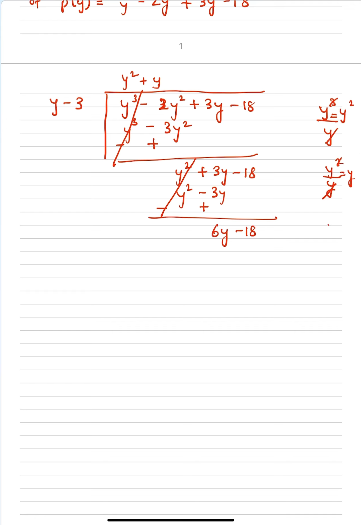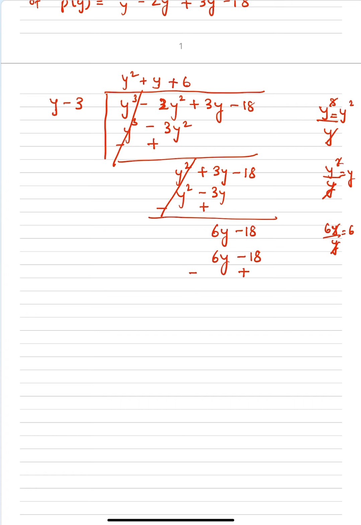Again the same thing, 6y divided by y, you are getting 6. So the last term of the quotient will be plus 6. Multiply plus 6 with y minus 3. So 6 into y is 6y. 6 into 3 is minus 18.